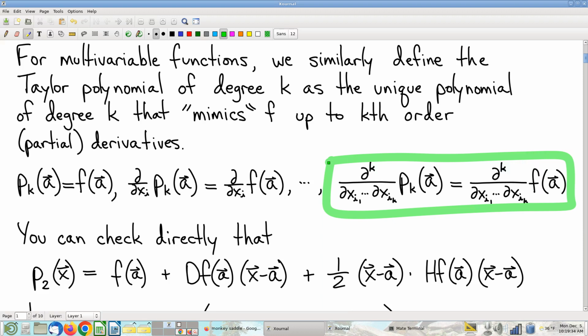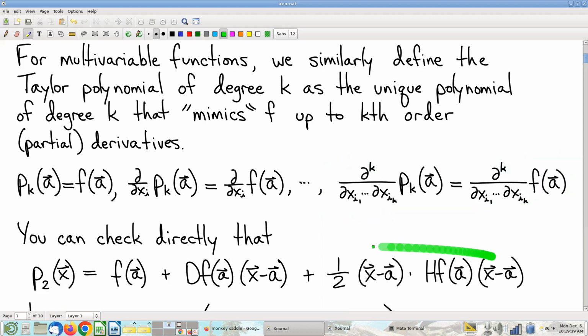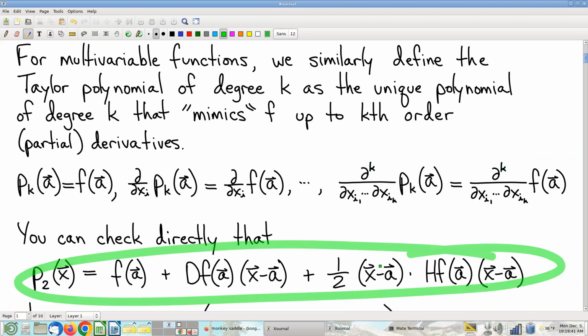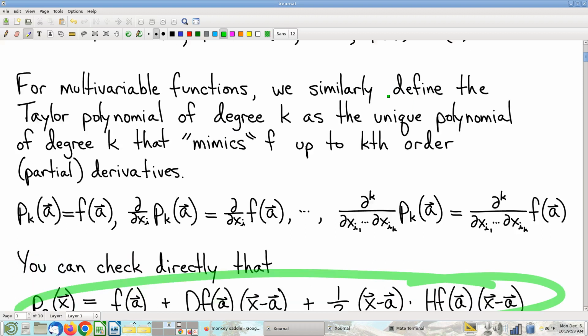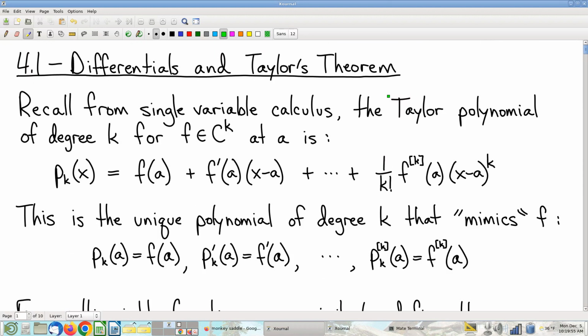So lots of mimicking that has to be done. And this formula right here that I'm going to talk about in just a second is the unique polynomial of degree k that mimics f in these senses. In other words, it's the rip-off, it's the analog of single variable Taylor polynomials.